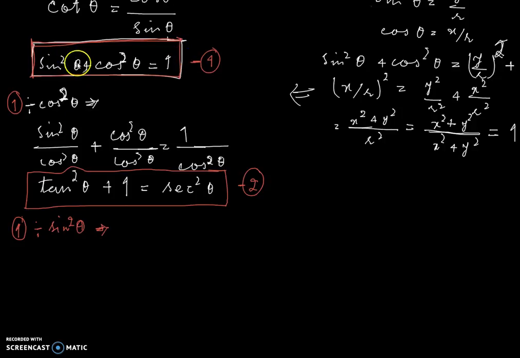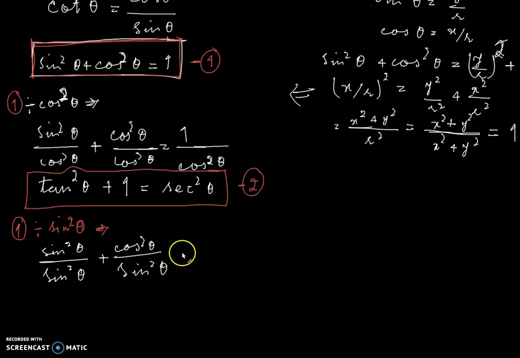So the whole thing divided by sine squared theta would be sine squared theta by sine squared theta plus cos squared theta divided by sine squared theta is equal to 1 divided by sine squared theta.